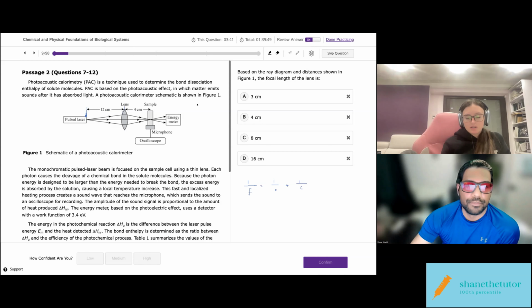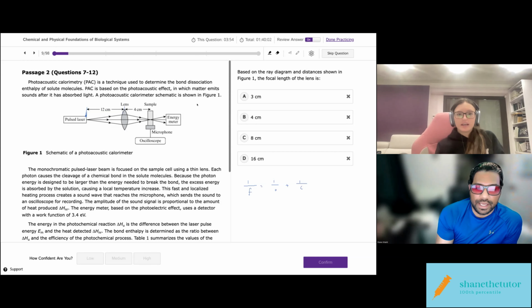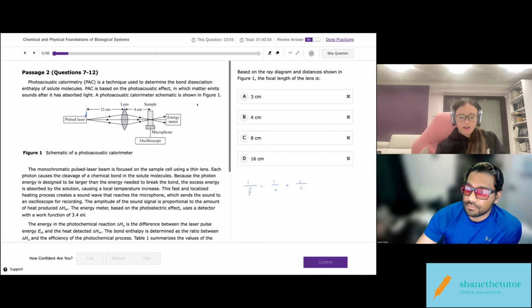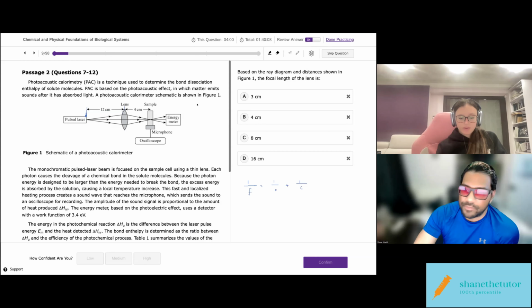In terms of object distance and image distance, here we don't really have an object or an image, but you can think of anything after the lens as the image, which makes sense. Exactly. So something before it would be the object, right?